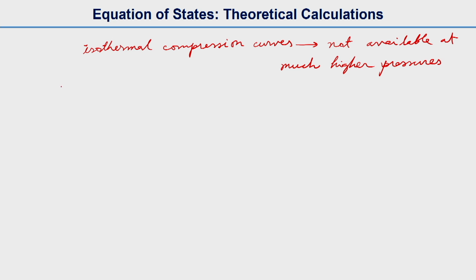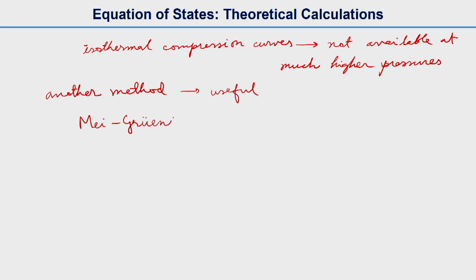So there is another, more useful method called the Mie-Grüneisen method.